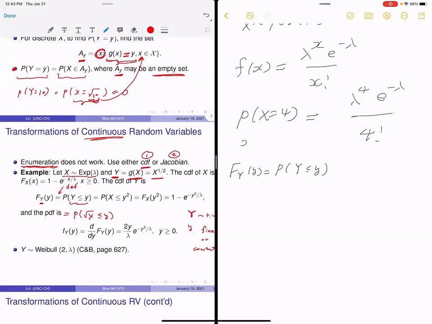Then you ask me about, hey, Y equals the square root of X, right? Then this equals the probability of what? I'm working very hard trying to put X alone on the left hand side. So this means it's X smaller than y squared, isn't it? You're taking the square here, taking the square here.